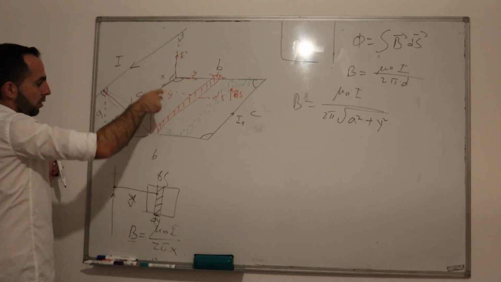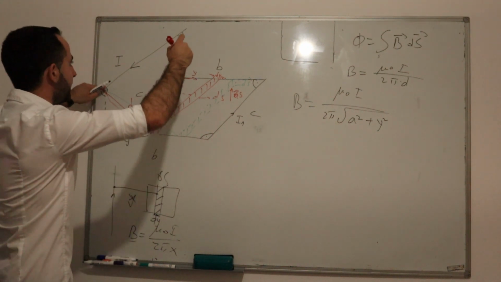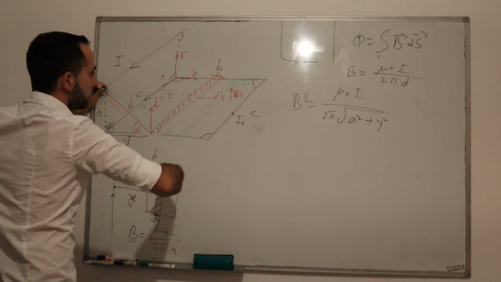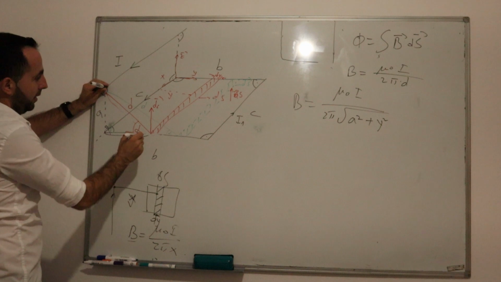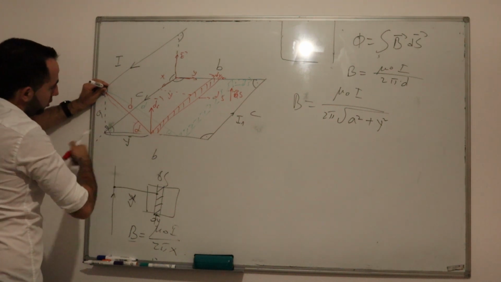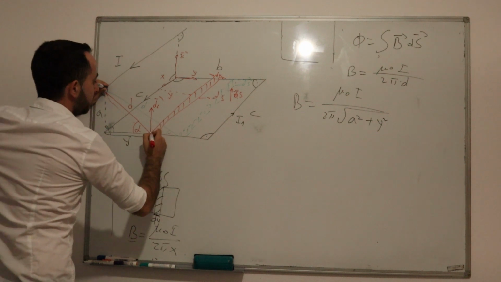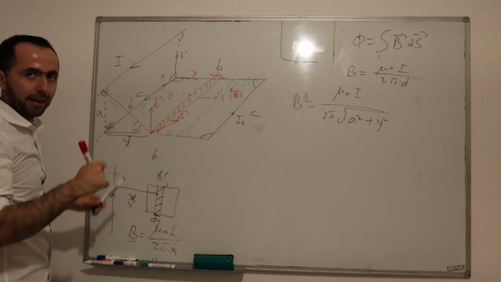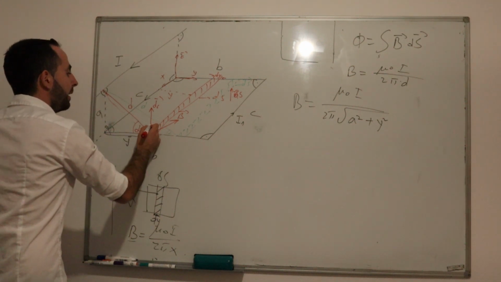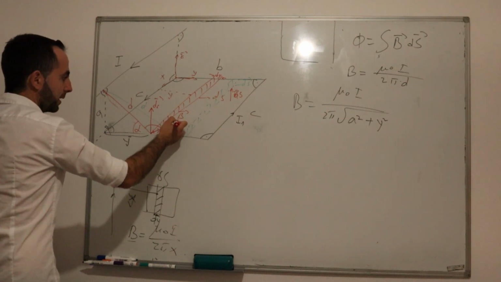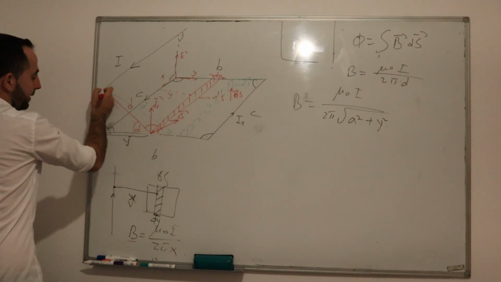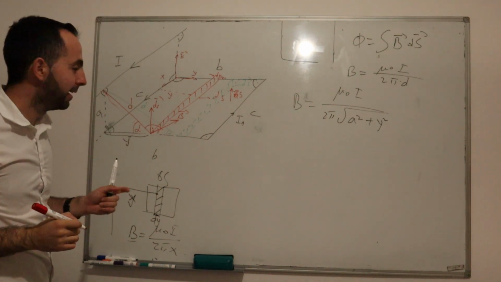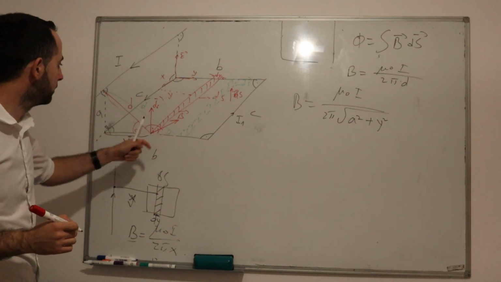My conductor is here, and if this point was here, then my circle's tangent would have this direction, but I need it here, so the tangent of my circle here is this B. As I said in many previous videos, the tangent of a magnetic field and the distance from the conductor always create a 90-degree angle.